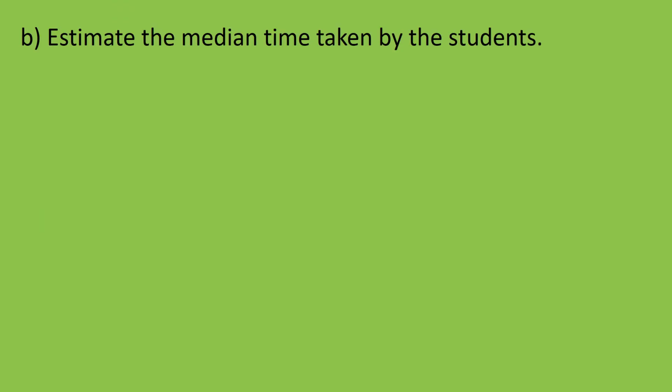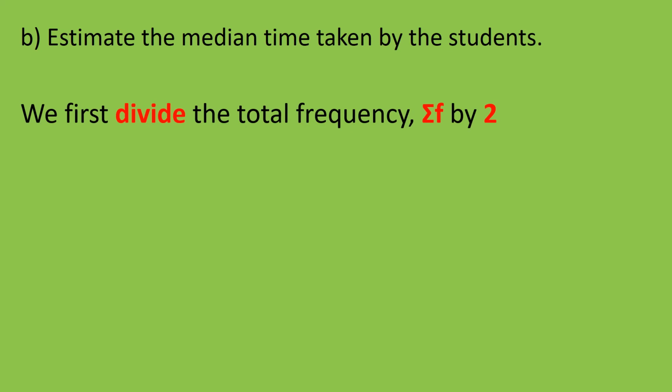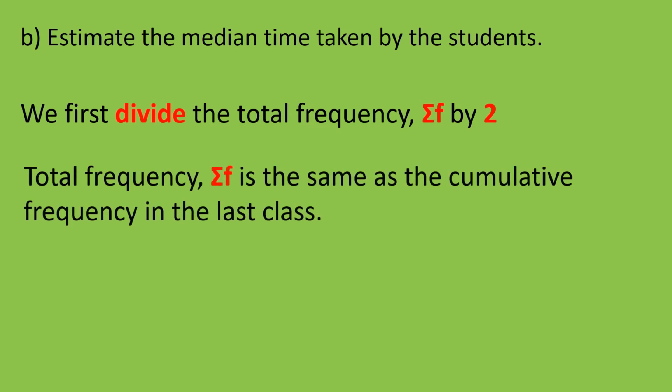On to the next question. Estimate the median time taken by the students. First of all, we divide the total frequency, which is the sum of f, by 2. The total frequency is the same as the cumulative frequency in the last class, as we have said earlier. So 50 divided by 2 is 25.